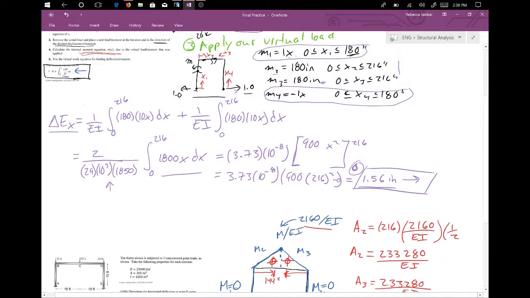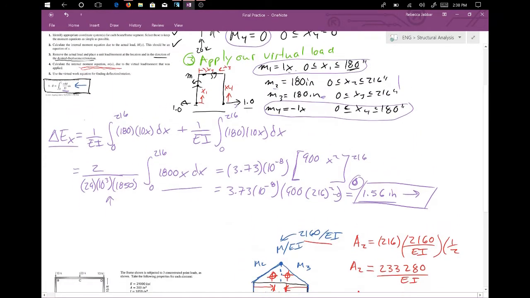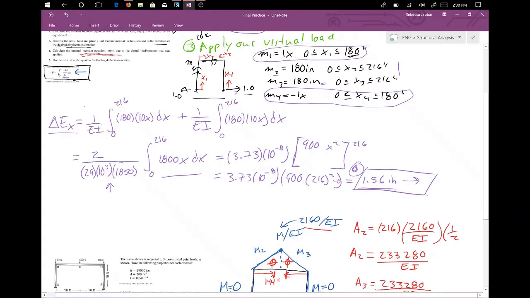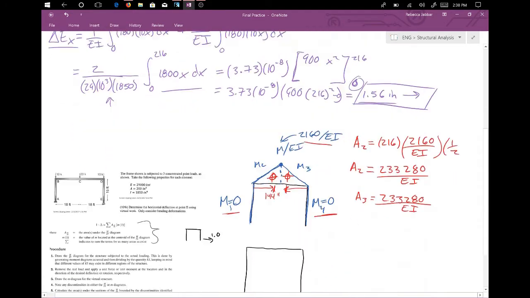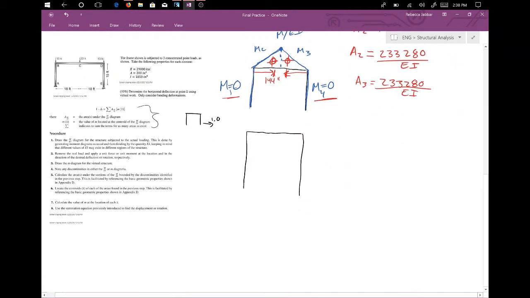And again, we have the equations, so why not use them? It's this 1x, this is the constant 180, negative x. So this guy, this is our 0, where x equals 0. It'll go all the way up to its max, which should be 180 right here.